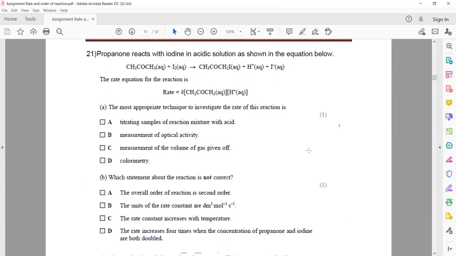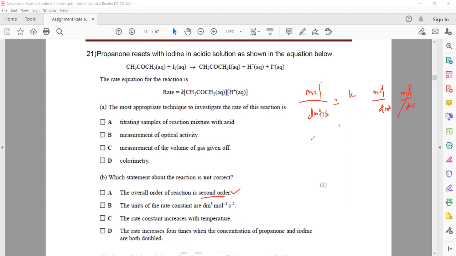Probably the unit of the rate constant. It is second order. So when we check which statement is not correct, the overall reaction is second order, that's true. The unit of rate constant is also correct, because when you work out the unit of the rate, it is mole per dm cube second equals k times mole per dm cube times mole per dm cube.